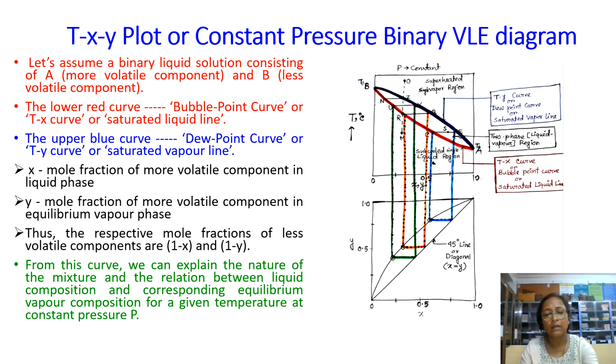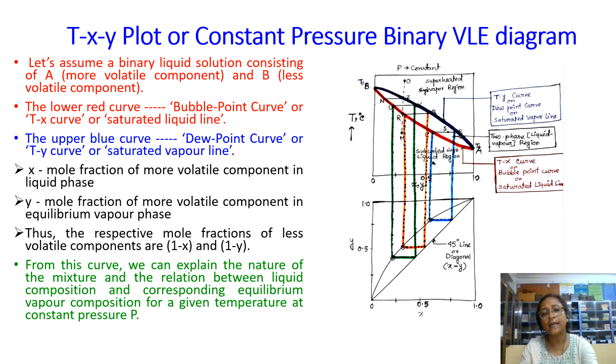Now in this diagram, the lower red curve is termed the bubble point curve, or TX plot, or saturated liquid line, and the upper curve is termed the dew point curve, or TY curve, or saturated vapor line.